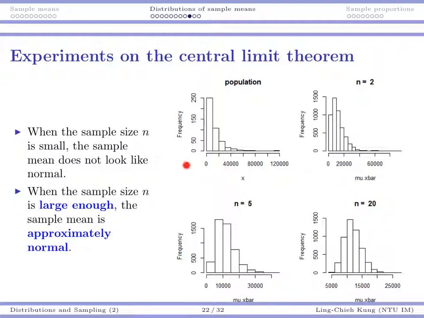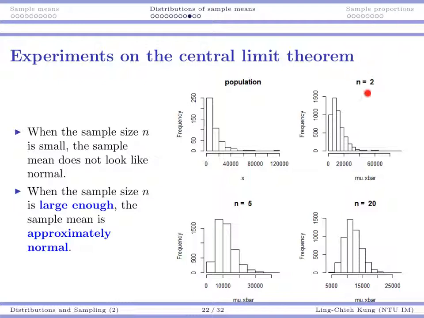This is just the histogram, the same as from the previous slide. Here, I randomly select 2 values out of the 440 values. Once I get those 2 values, I calculate their sample mean. And I repeat this 5,000 times to get 5,000 values for sample means, and then draw a histogram. That helps us to estimate the distribution of the sample mean.